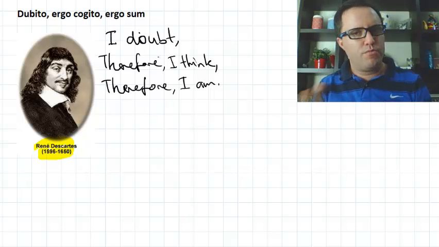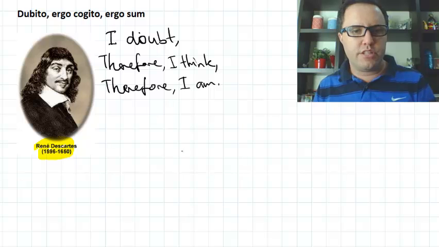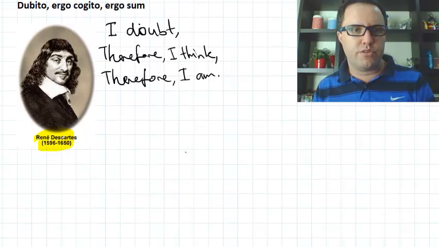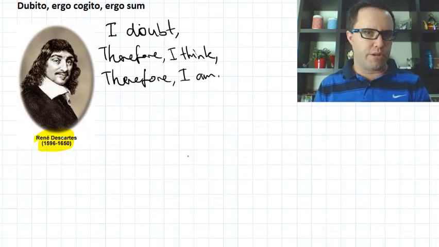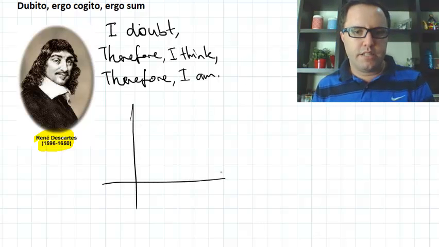Okay, now his philosophy wasn't the only thing he was interested in. He was also interested in being able to do geometry, or express algebra geometrically. He came up with this idea of expressing geometry as a set of points, so x and y.